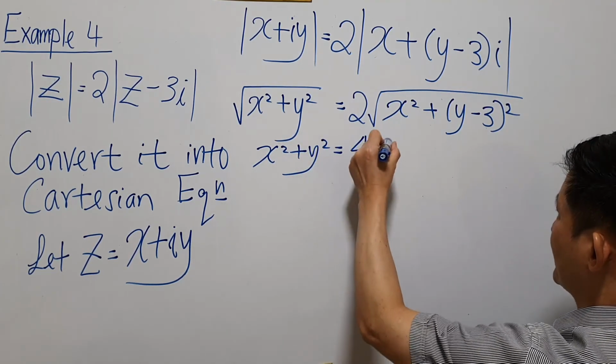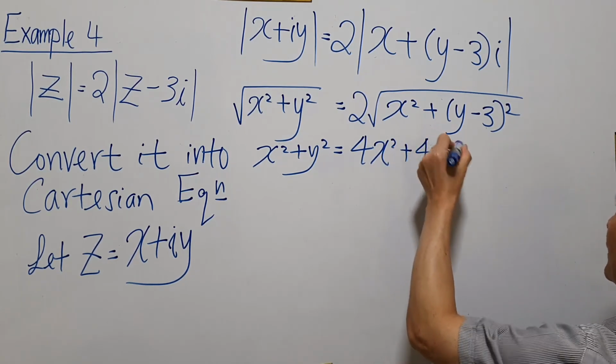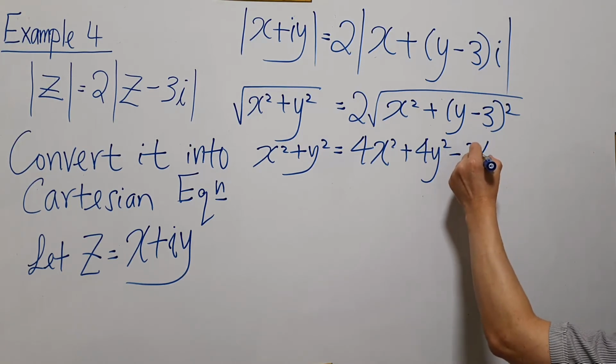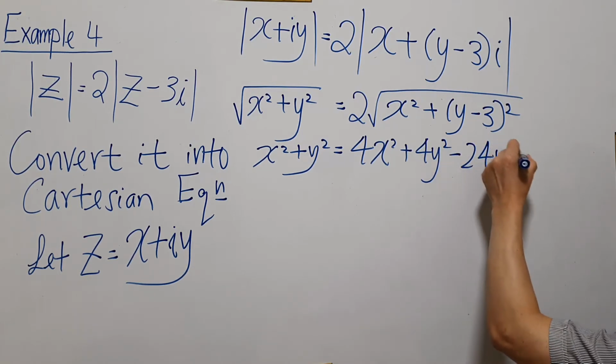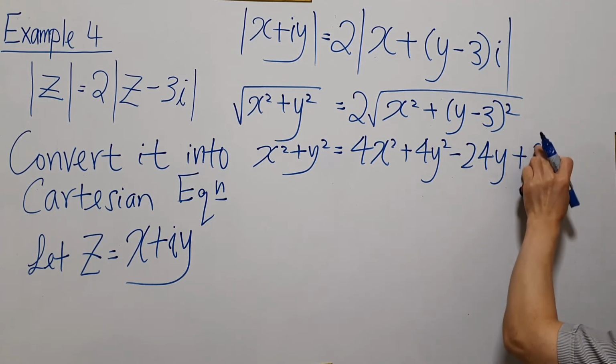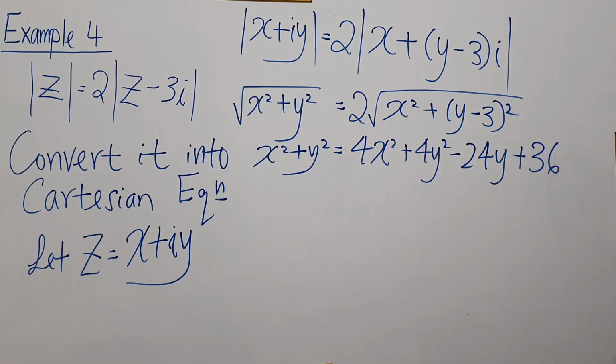If you expand this, we get minus 24y plus 36. Sorry, it's 36. You just expand both sides.